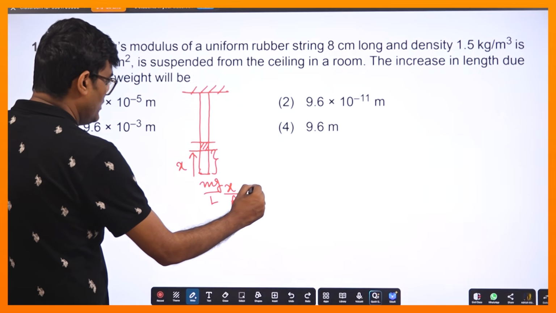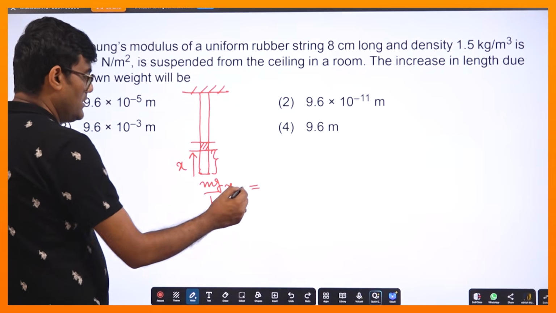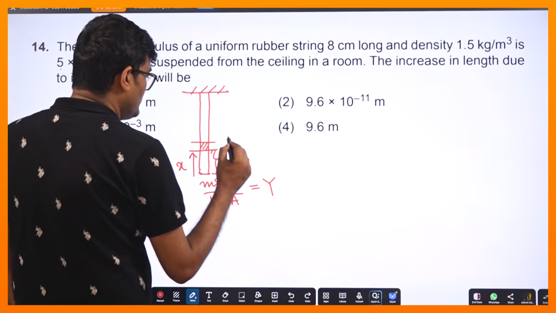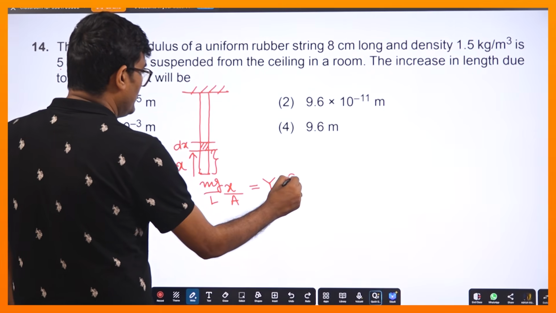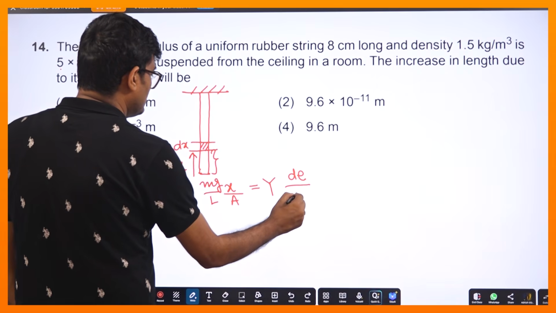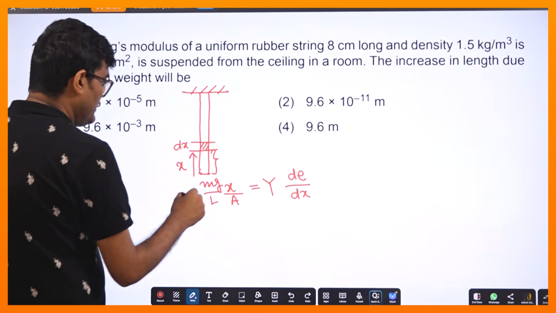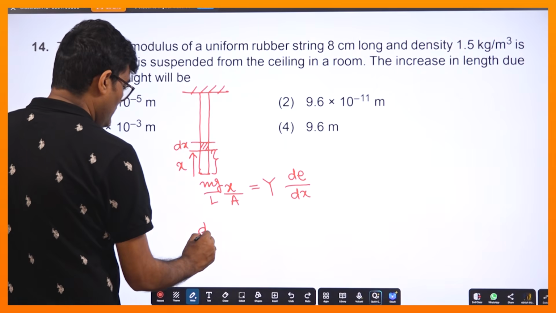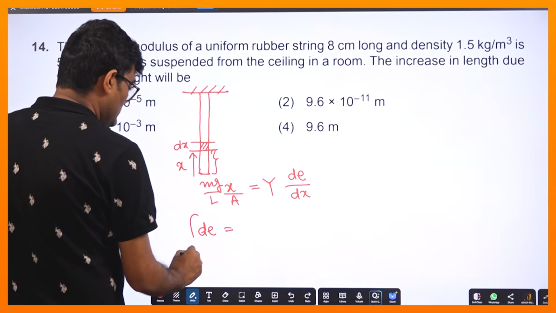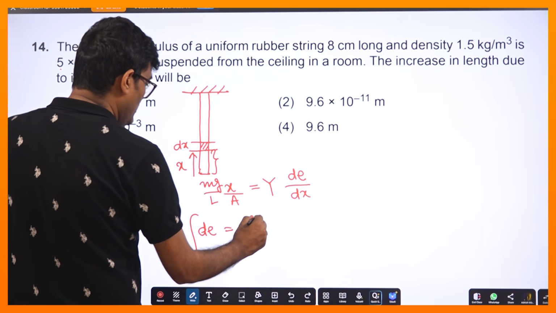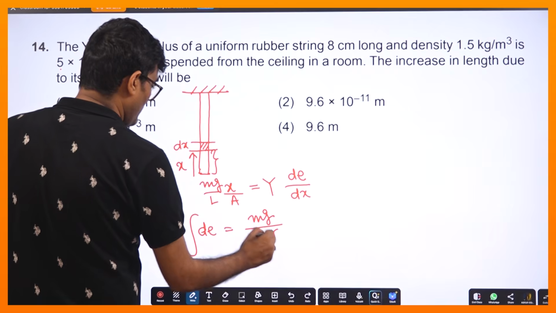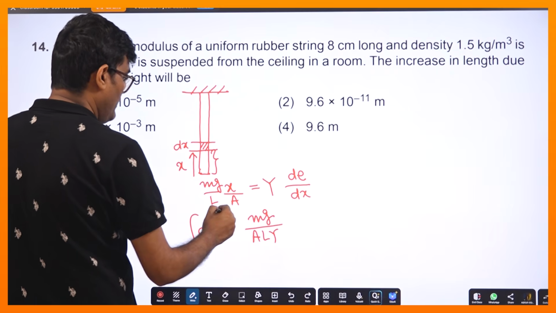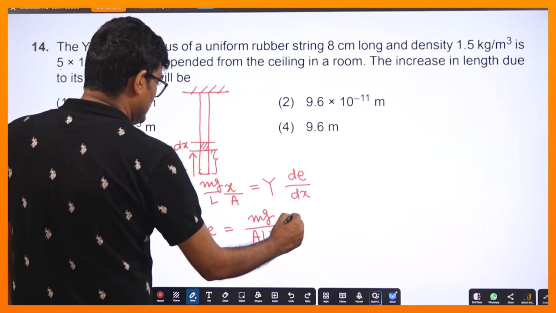Now this stress equal to Young's modulus into strain. So this small dx part has an elongation dE, suppose. So this by dx. I will integrate this and I will calculate what is the value of total elongation. So this integral of dE is equal to mg by AY into x dx.